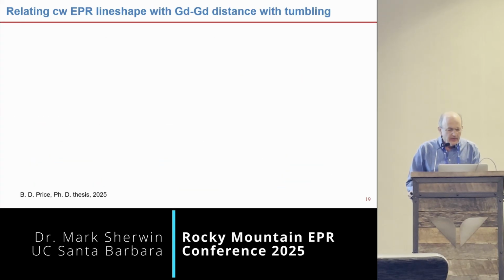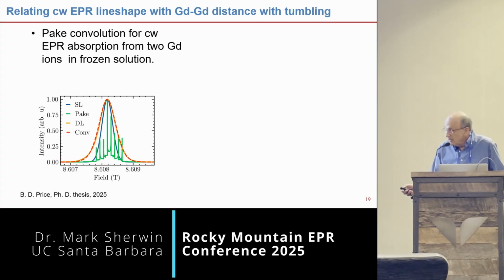In order to extract distances and distance distributions, we need to relate the CW-EPR line shapes to the gadolinium distance in the presence of tumbling, because the proteins are tumbling, and tumbling tends to average out the dipolar coupling. So we use Pake convolution.